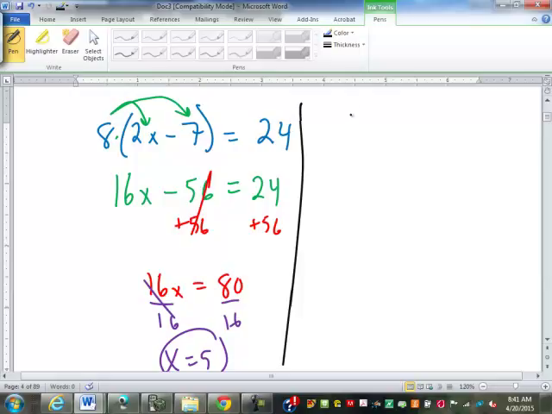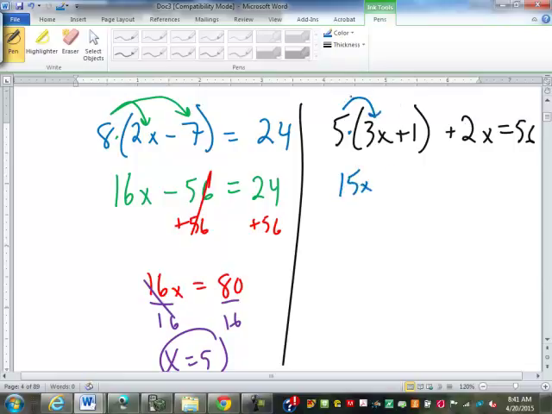How about this one? What do we need to do? Anything in the parentheses? Multiply by 5. Good. 5 times 3x. 5 times 1. So positive 5.